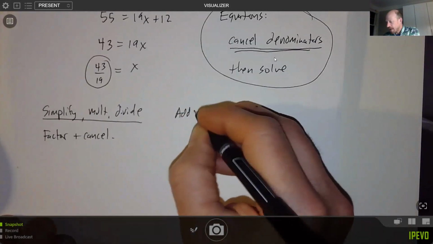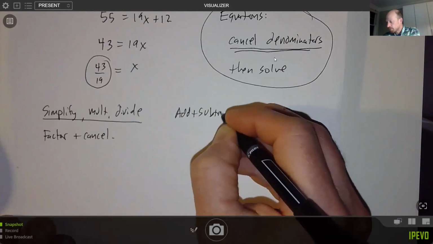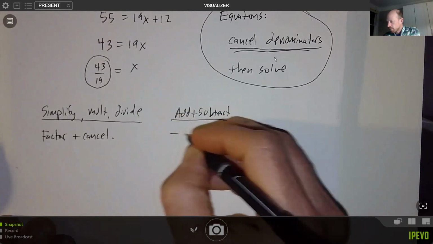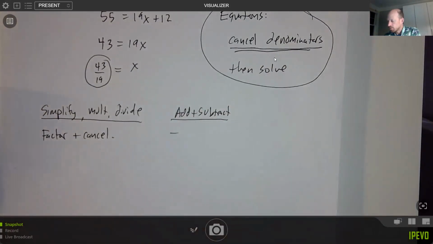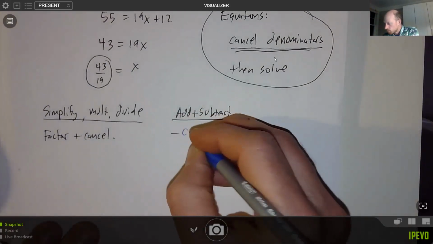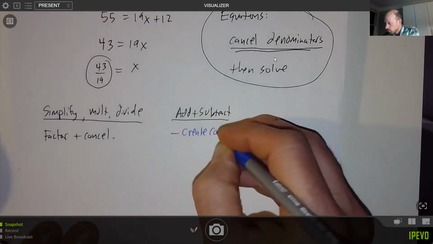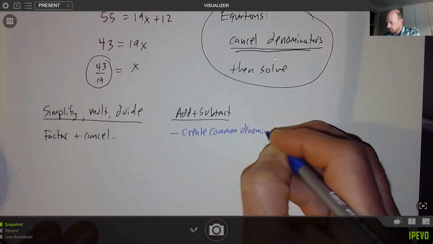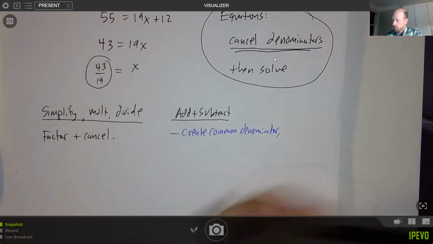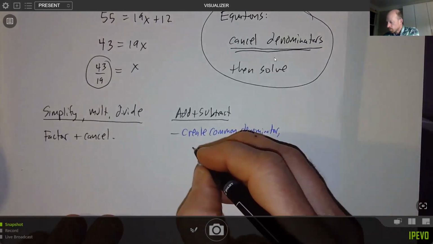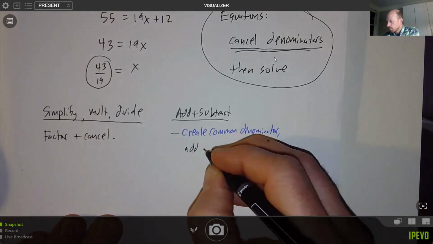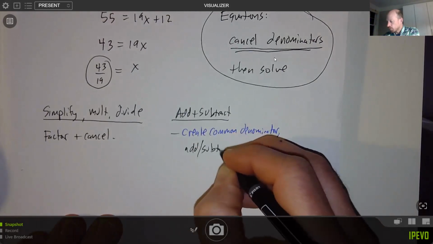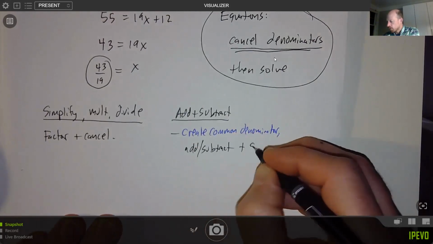If you have an add and subtract, that's where we have to create the common denominator. Then add or subtract and simplify.